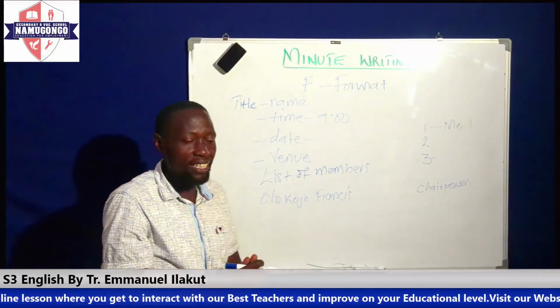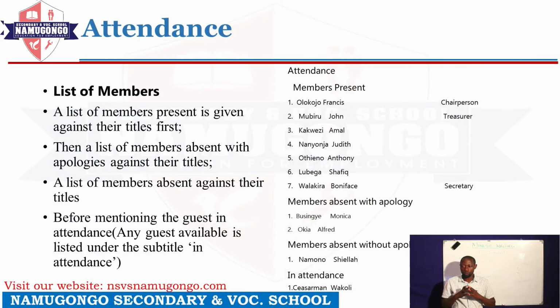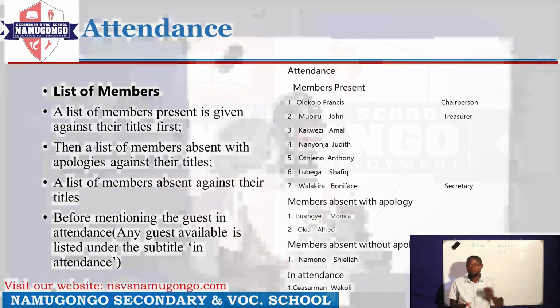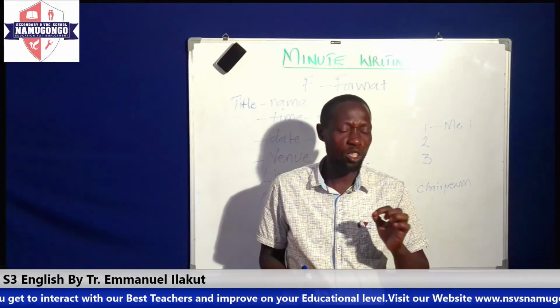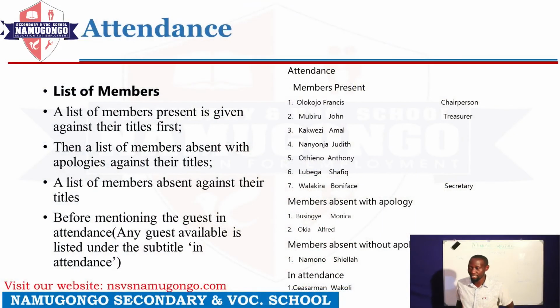2, we're saying that list of members absent with apologies against their titles. Maybe one member holding a post was absent. We then need to indicate his title. 3, a list of members absent against their titles.